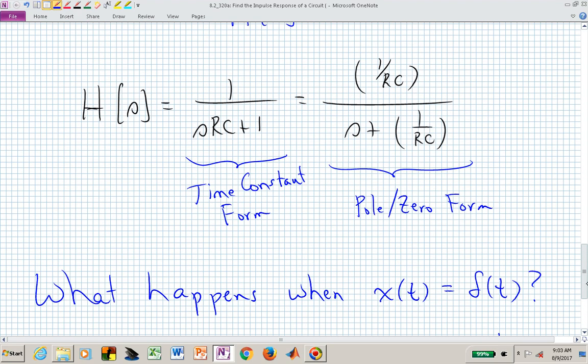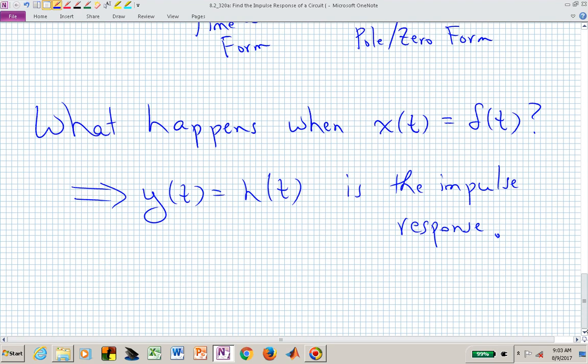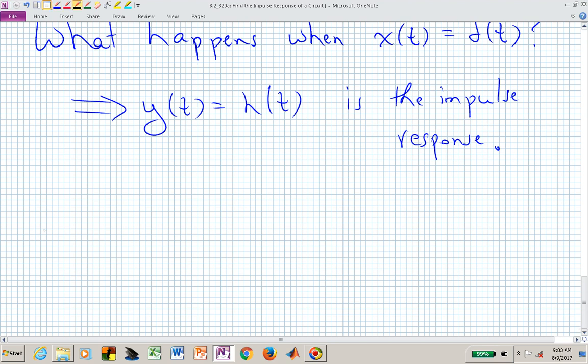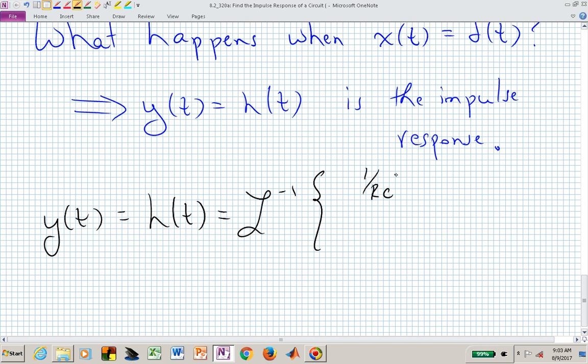Now that we have capital H of S written in pole zero form, we can now find Y of t, which is now equal to H of t, which is just the inverse Laplace transform of H of S, which in pole zero form has the following structure.